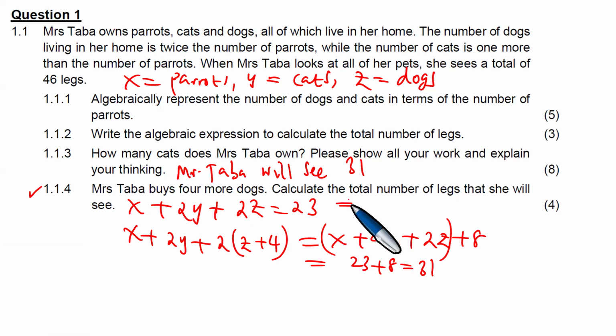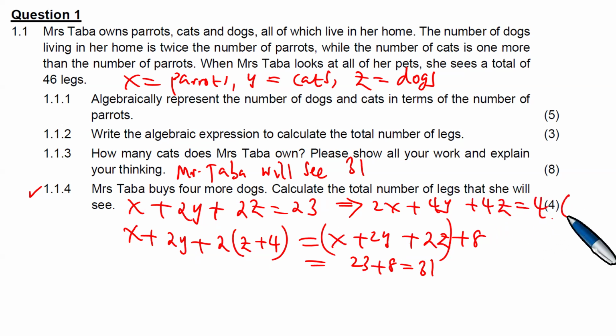This one we simplified already, but initially it was 2x plus 4, so it was not inclusive of all the animals' legs, because it was 46 legs in the beginning. So we simplified it. You need to just remember that.